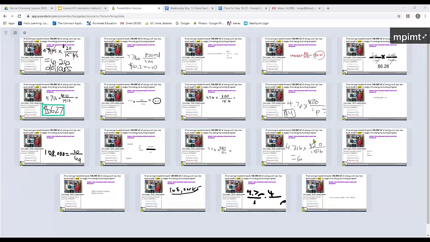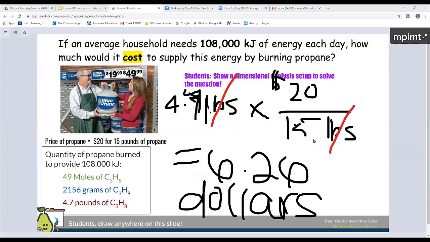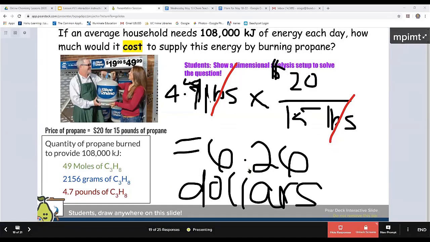All right, let me just take one as an example. This one looks pretty good. It's hard to read because it's probably written with the mouse, but there were pounds in the beginning, and so pounds has to cancel. This is how you know if you're doing it correctly. If you say, I can't cancel anything, or I'm making pounds cancel dollars, then you did it wrong.